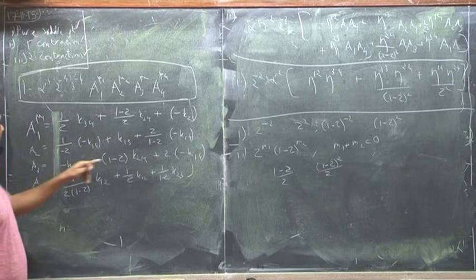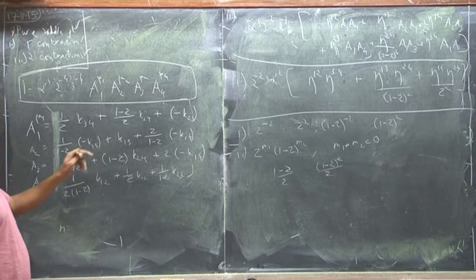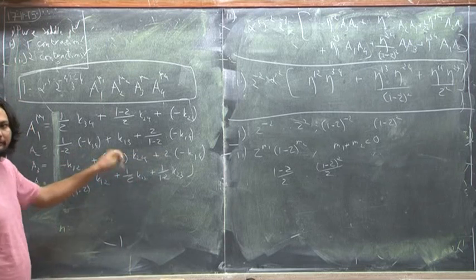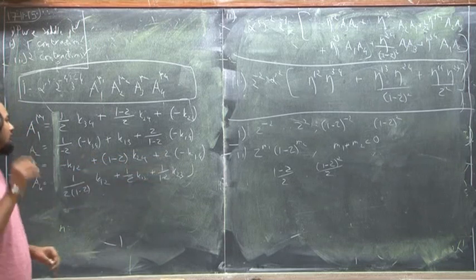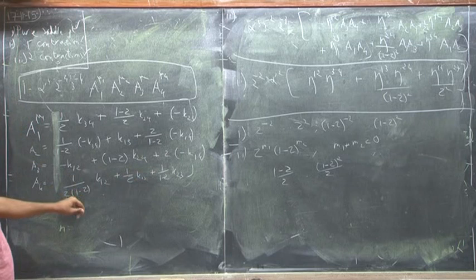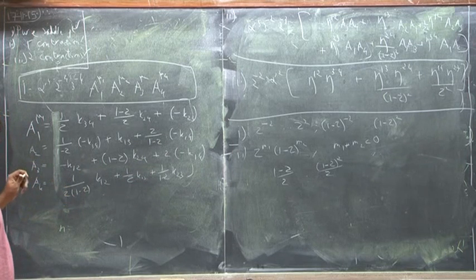And similarly here, this is 1, and this is 0 minus minus 1. And this is also 1. And this is 1, minus 1. Right.